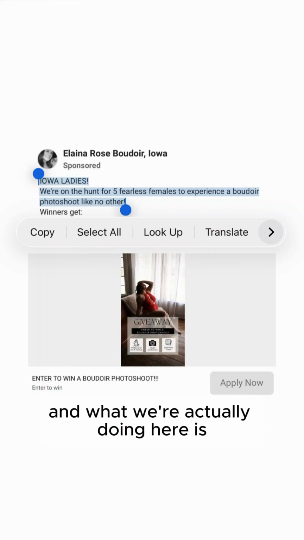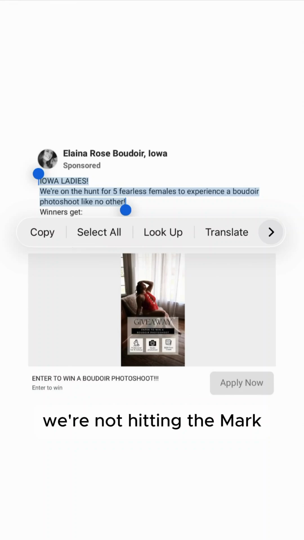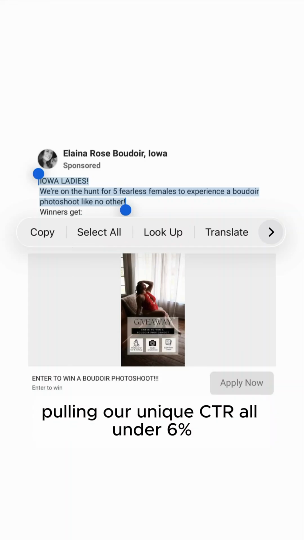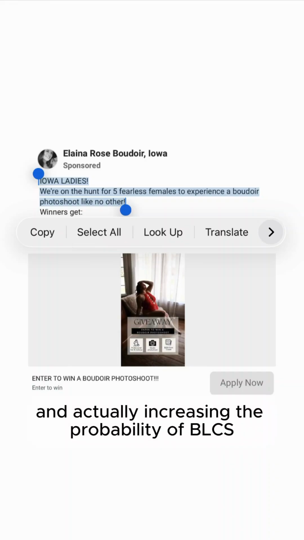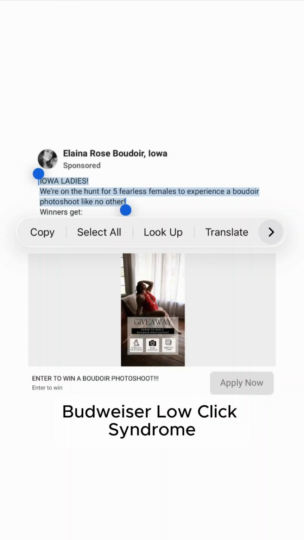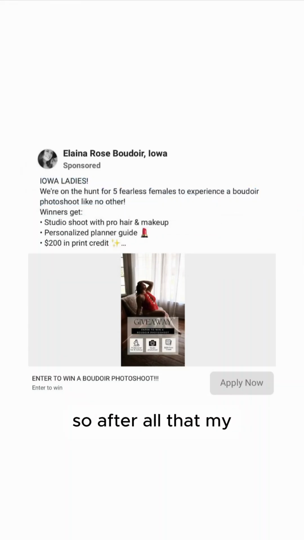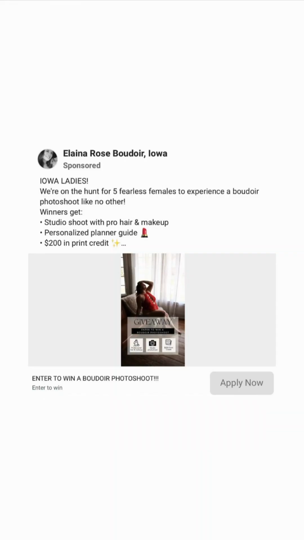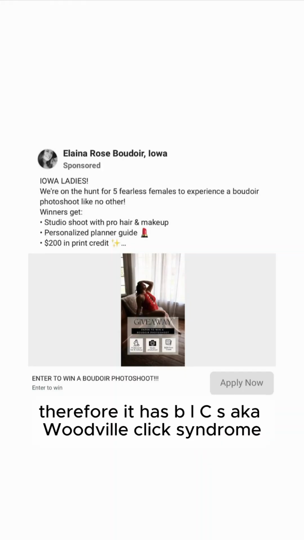And what we're actually doing here is we're not hitting the mark, causing way more women to scroll by a Boudoir Facebook ad than necessary, pulling our unique CTR under 6%, and actually increasing the probability we have BLCS, Boudoir low click syndrome. So after all that, my diagnosis is I believe this Boudoir Facebook ad has a unique CTR under 6%. Therefore, it has BLCS, aka Boudoir low click syndrome.